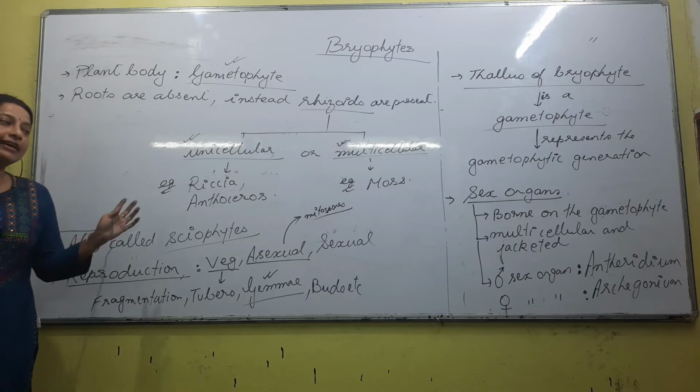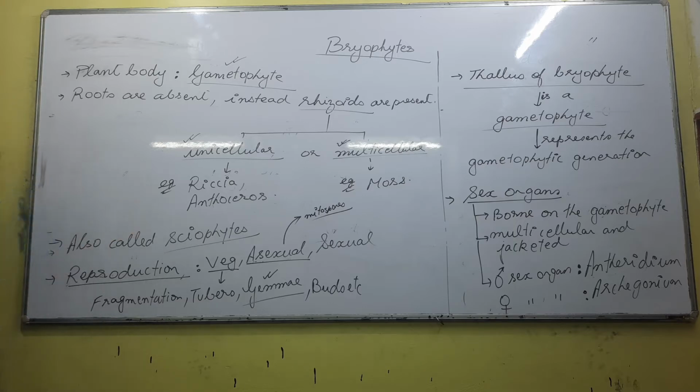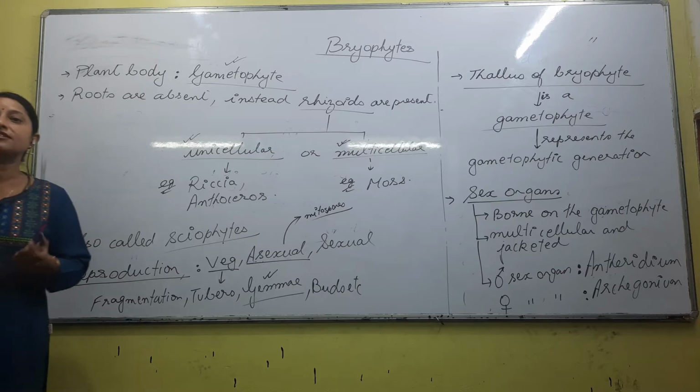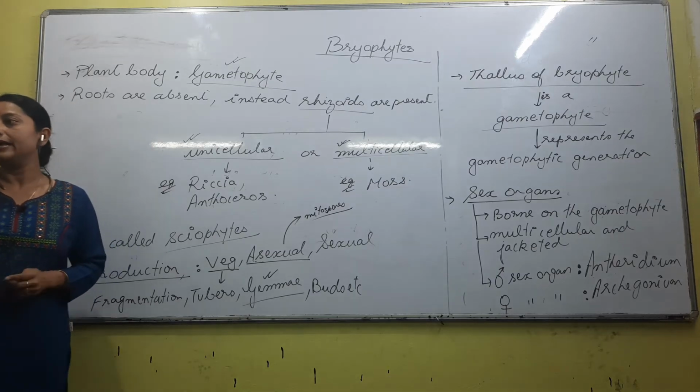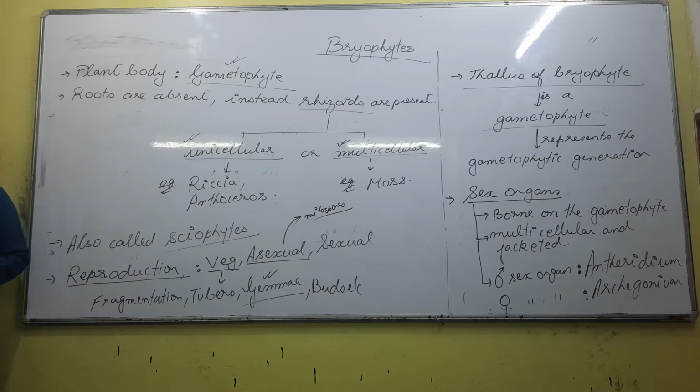So in bryophytes also, male gametes and female gametes are formed, inside the male sex organ and female sex organ. Where are these formed? On the gametophyte itself, the main plant body, right?